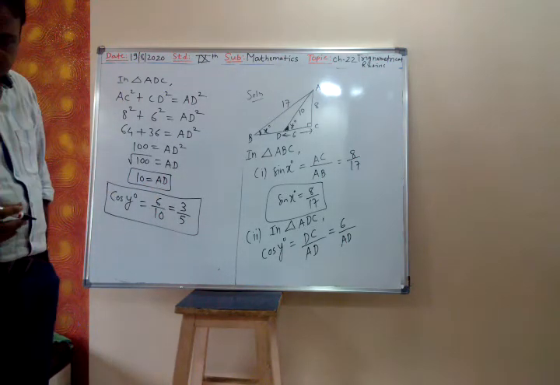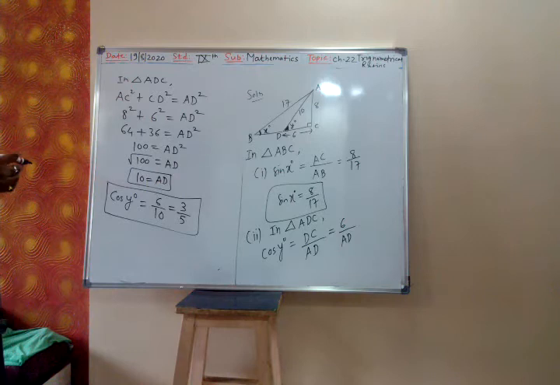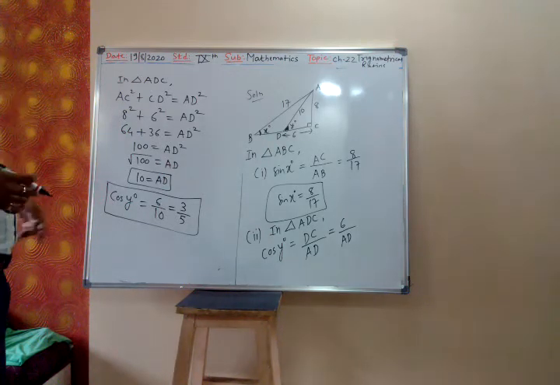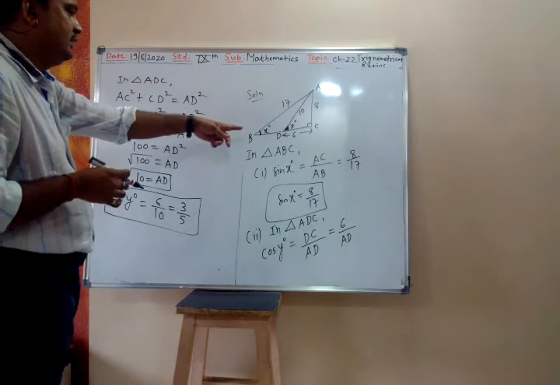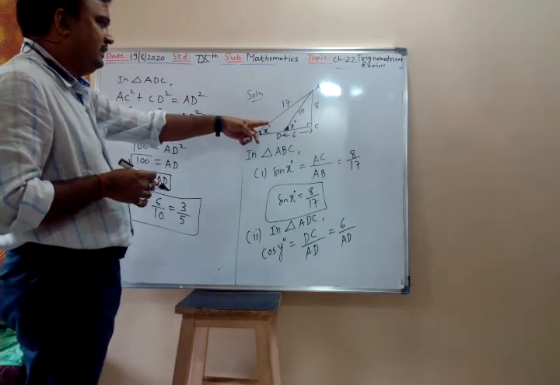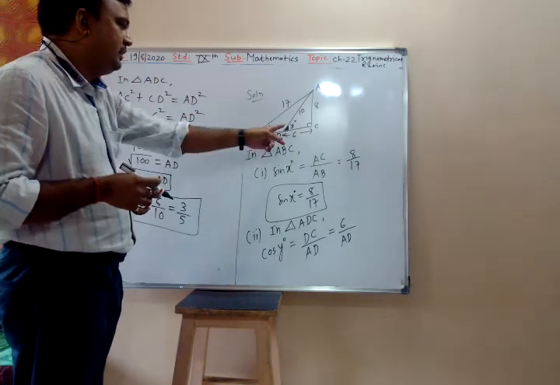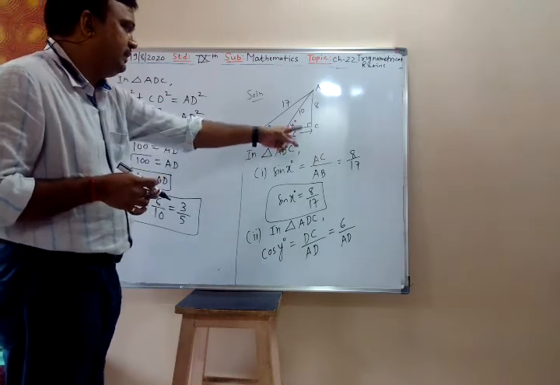Now we find the final one, tan x degree. Now see here. For tan x degree, we have to find BC.